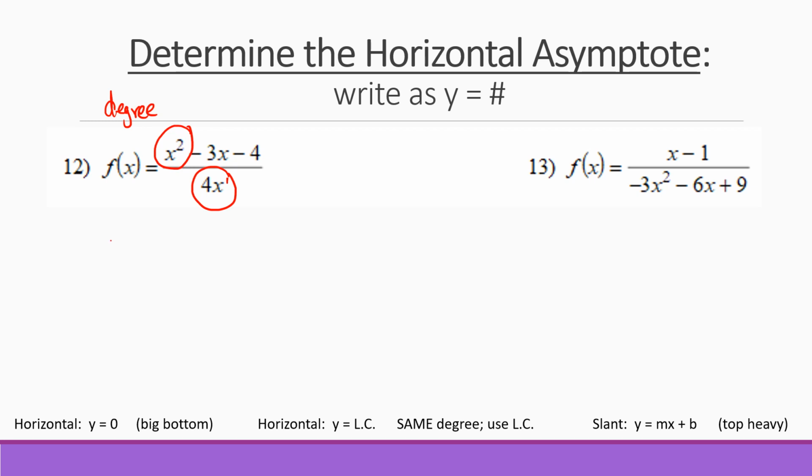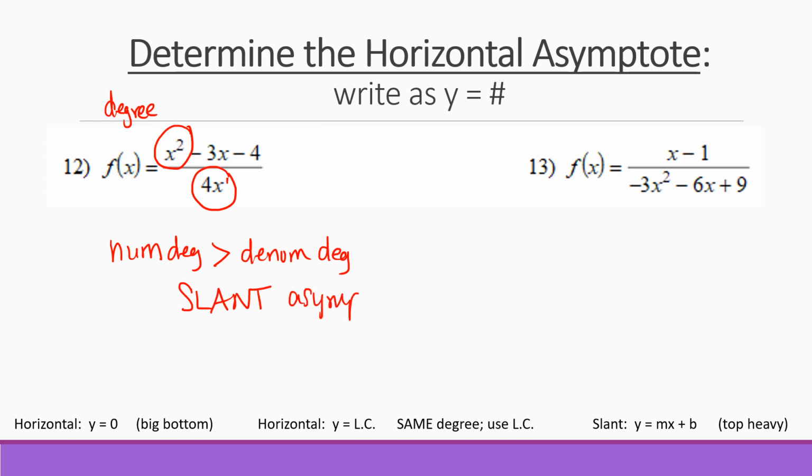All right, in this case, the numerator degree is larger than the denominator degree. In this case, we have a slant asymptote. So our question said determine the horizontal asymptote, so we can say no horizontal asymptote.